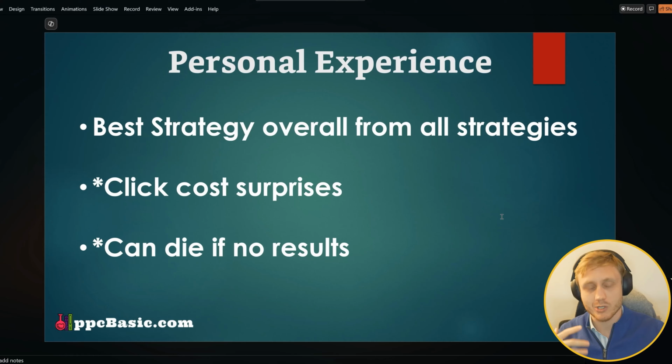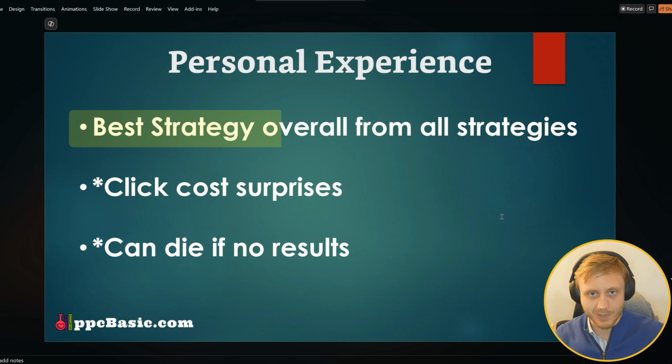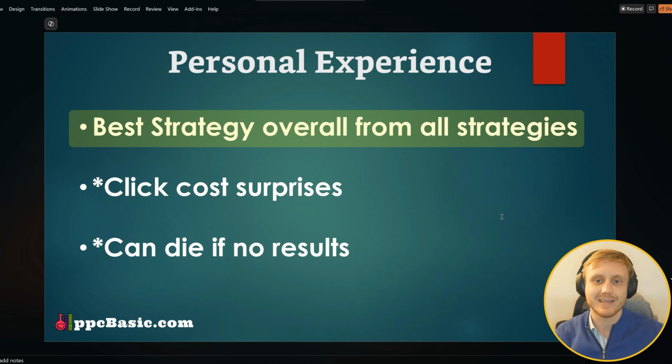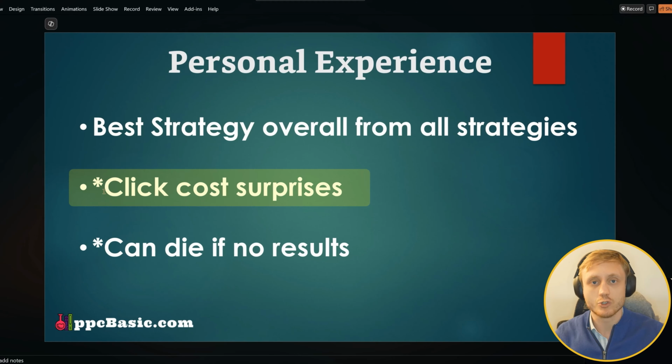Based on my personal experience, after testing all of the bidding strategies, this is the number one bidding strategy that you should always pretty much focus on. Other than something I'm going to teach you a little bit later, which is slightly more advanced, the max conversions bidding strategy is the strategy you should be using pretty much all the time. Keep in mind, don't be surprised when you get expensive clicks.